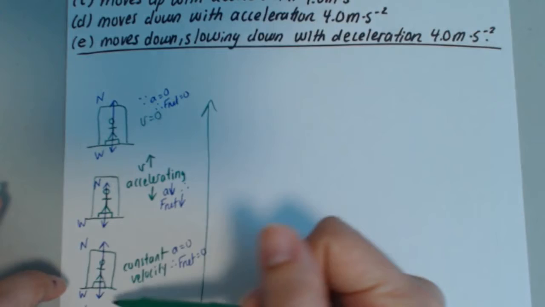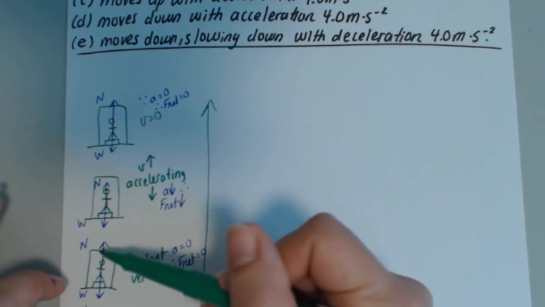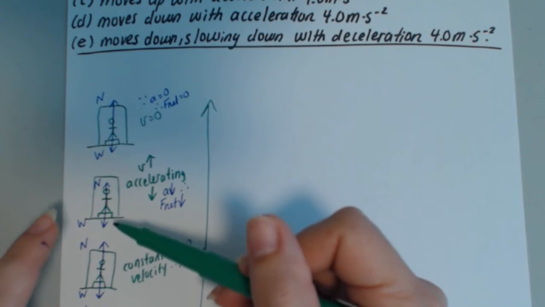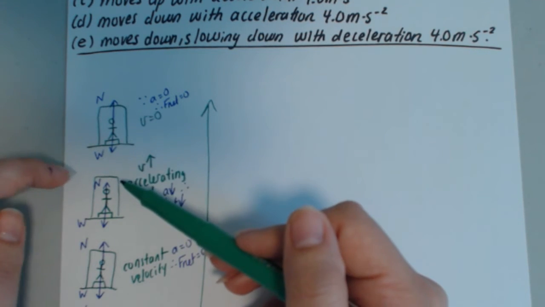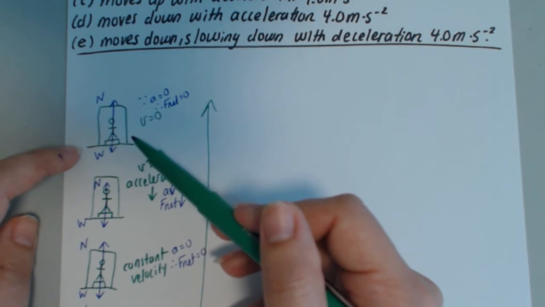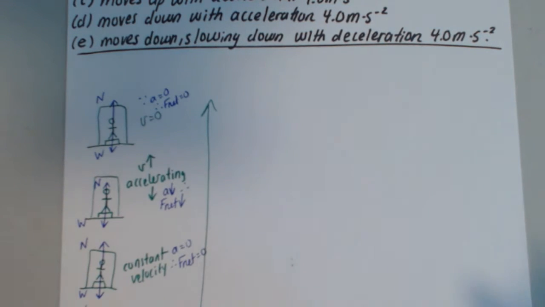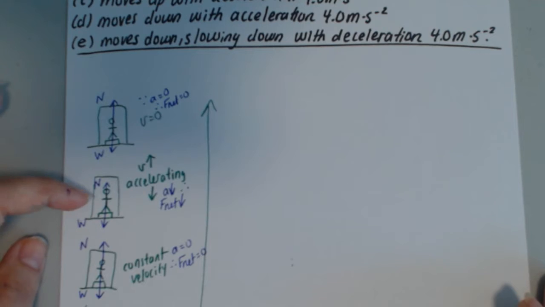In the middle, you're going to feel pretty normal once you reach your constant speed. But as you reach your floor and you begin to slow down, you should suddenly feel lighter, not heavier. Your normal force is much less.